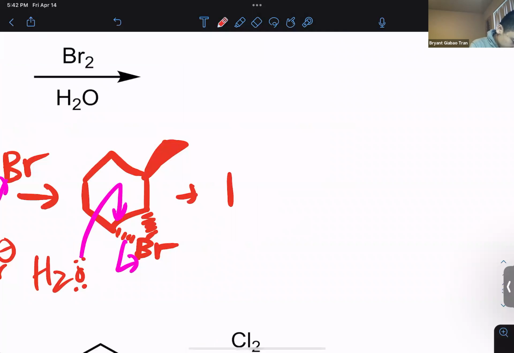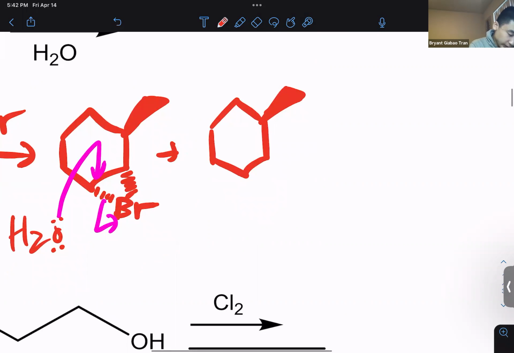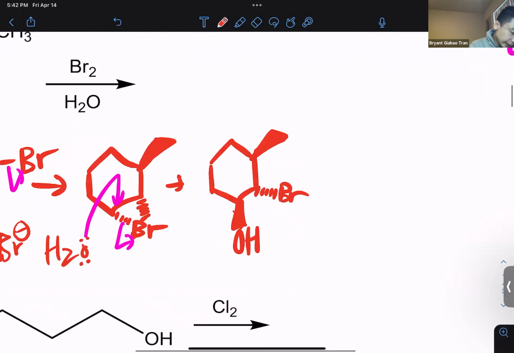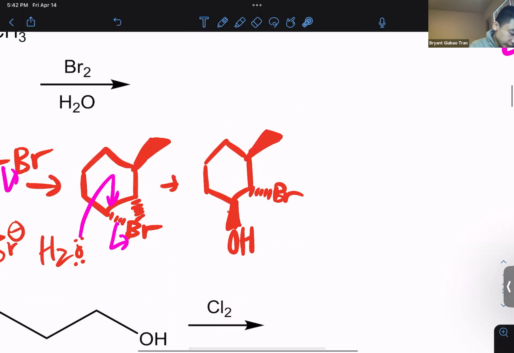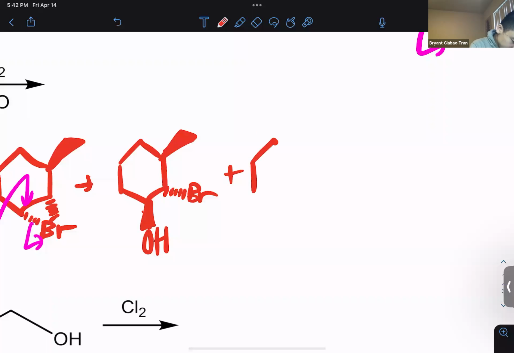And that would give us this, and then this alcohol after it gets deprotonated, or it could have attacked from the other side of the bromonium ion and kicked off the bromonium onto the other side, giving us this product here instead.